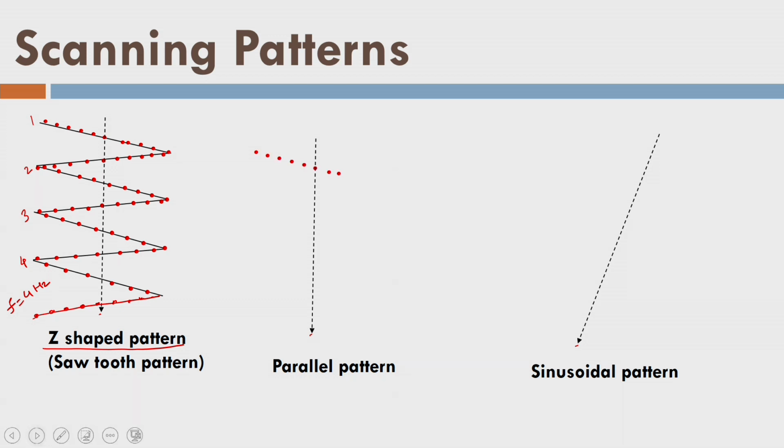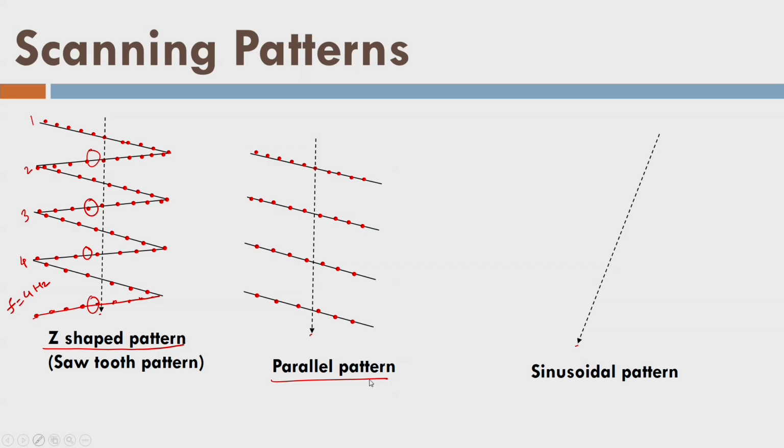The parallel pattern is one where we create parallel lines. Now you can imagine that in the case of the Z-shaped pattern, if we remove the alternate lines, this line, and then this line and this line, I can create these parallel patterns. That means the oscillating mirror is acquiring the data in only one turn, not in the return turn, and we can have the parallel pattern. Apart from that, we have one more pattern which is called the sinusoidal pattern, where data is acquired in this fashion.